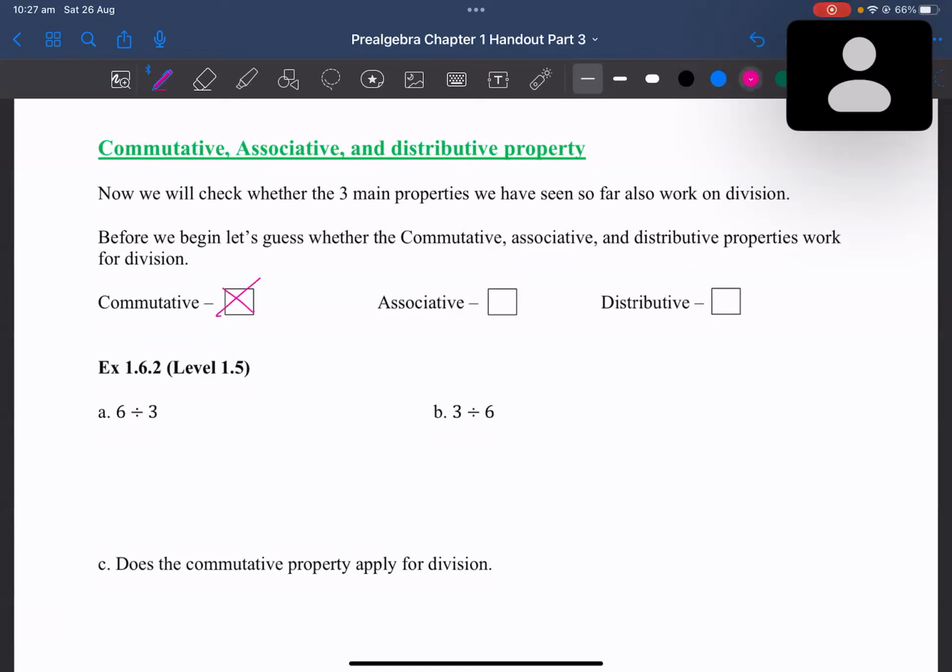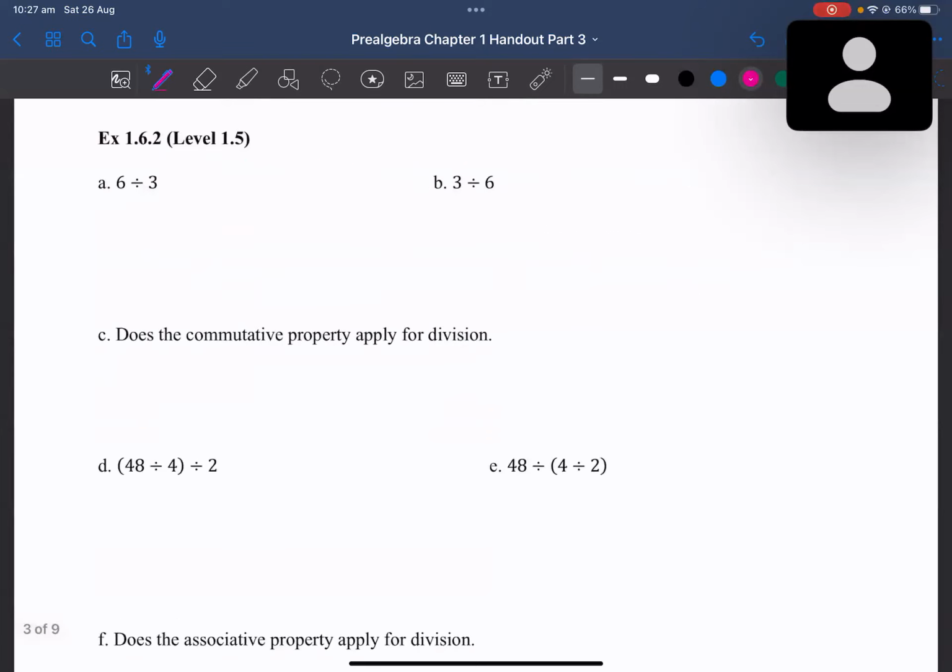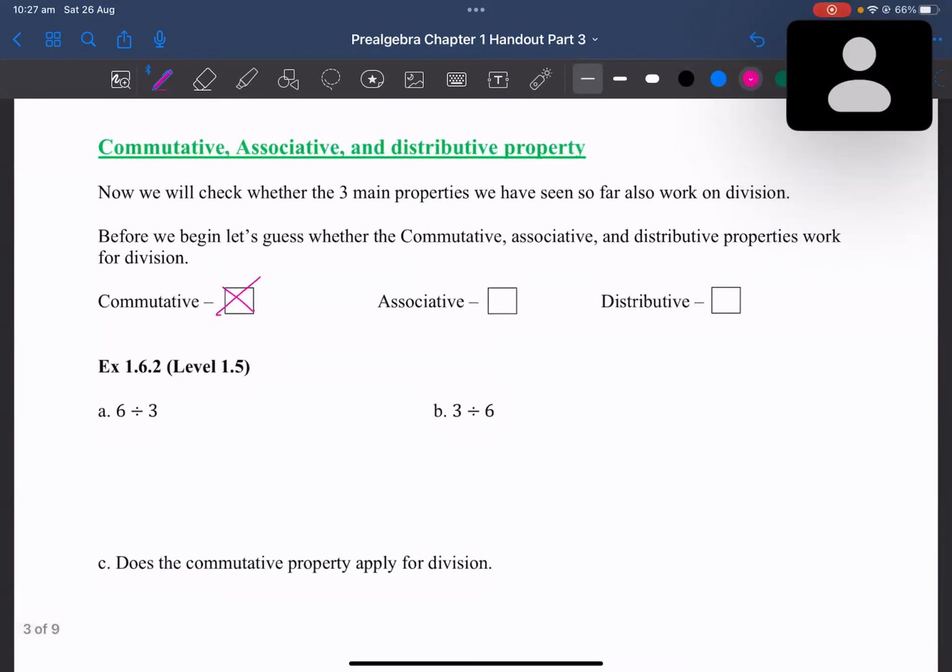I'll explain this in more detail, but associative means if there are two divisions within the expression, it doesn't matter which one you do first. Do you think that's true? This one's a bit trickier. We'll come to this later.